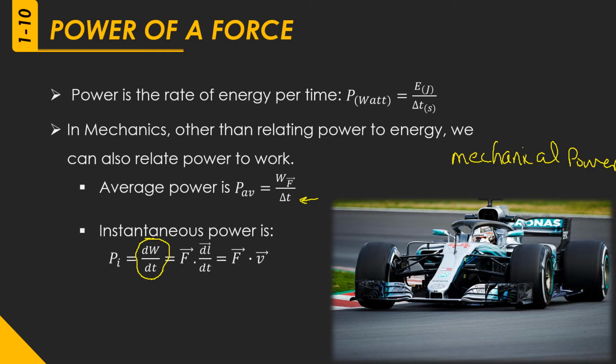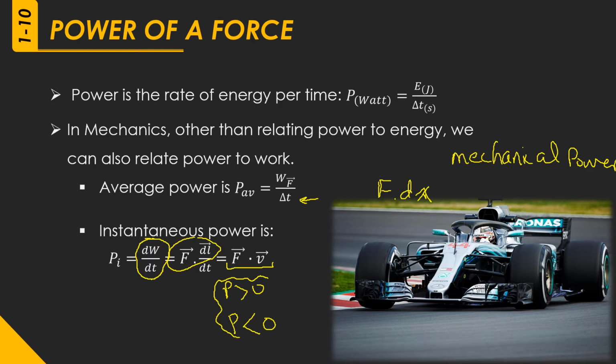Now, d work is F dot dx or F dot dl. Notice that I've written the vectors because this is the general idea, which is nothing but F dot v. If F and v are collinear and in the same sense, power is going to be positive. If F and v are opposite, then we have negative power.